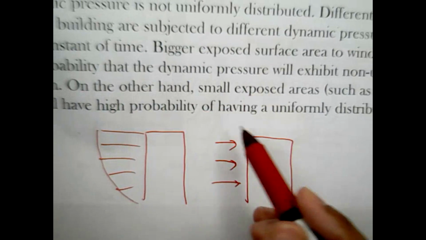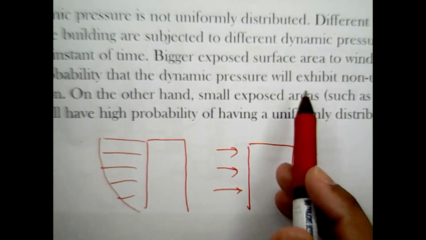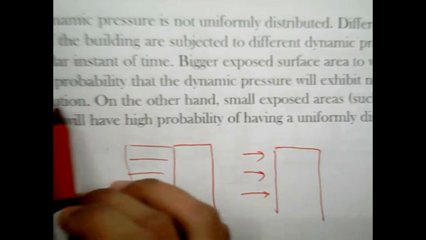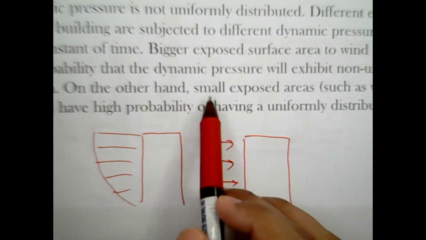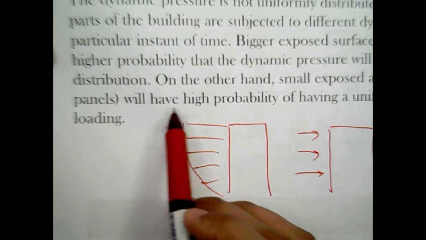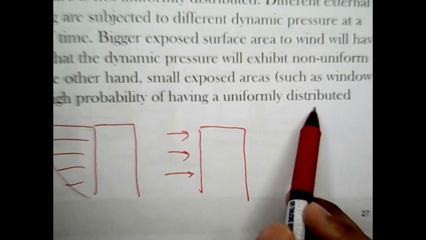So when you have a surface which is more exposed to the dynamic pressure, it will exhibit non-uniform distributions. On the other hand, small exposed areas such as window panels will have high probability of having uniformly distributed loading.